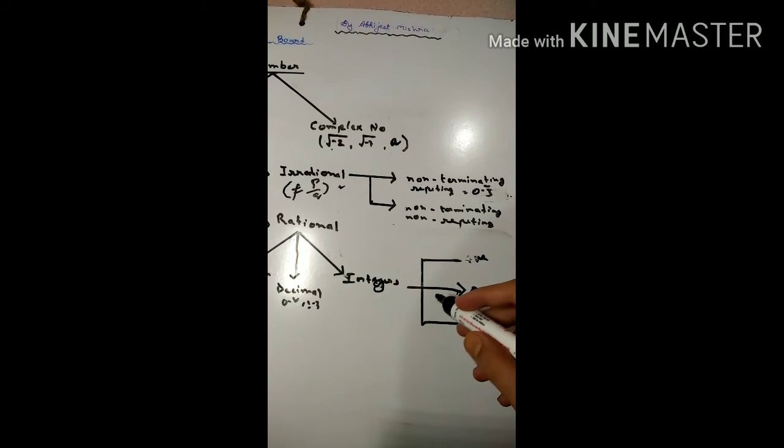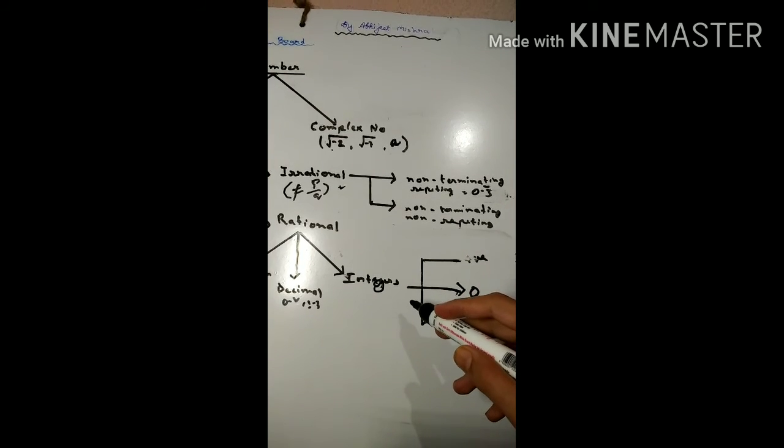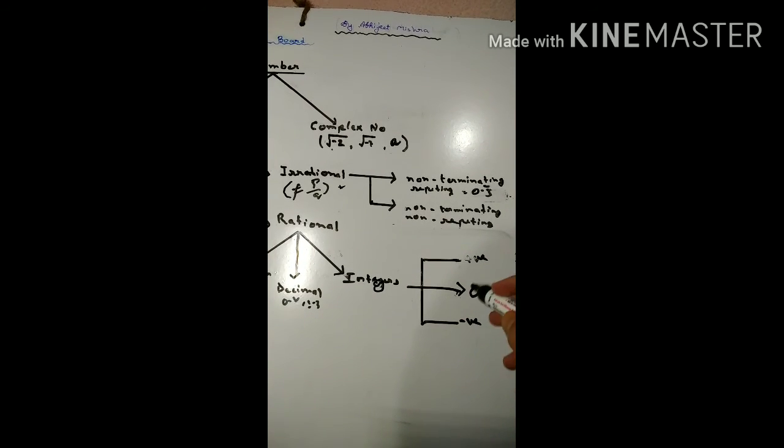Integer is a very important topic. It is classified into three parts: positive integer, negative integer and zero. Zero is an exception, neither positive nor negative. You must keep in mind, in competitive exams it is asked, name the integer that is neither positive nor negative. The very clear answer will be zero.